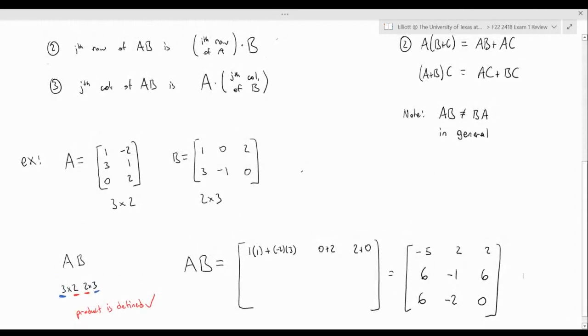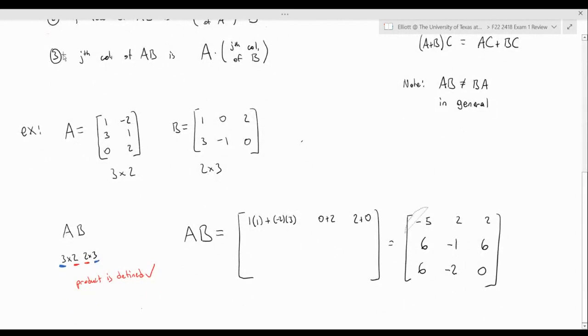And then likewise, just looking at this last rule. Say if we were focusing on the first column in the product here, okay? To calculate just the first column of the product, what you can do is take matrix A and multiply it with just the first column of B, okay? So if you did that, you would get 1 times 1 plus negative 2 times 3.